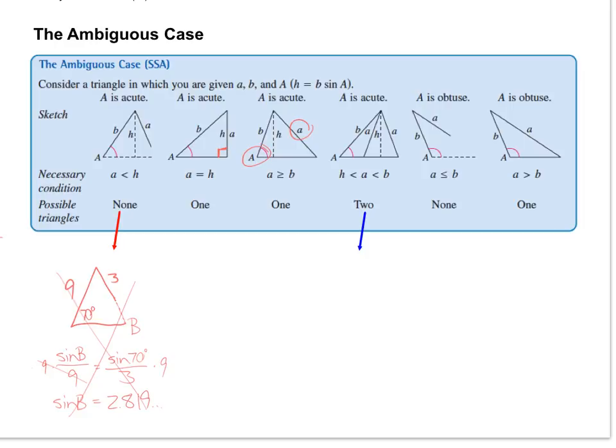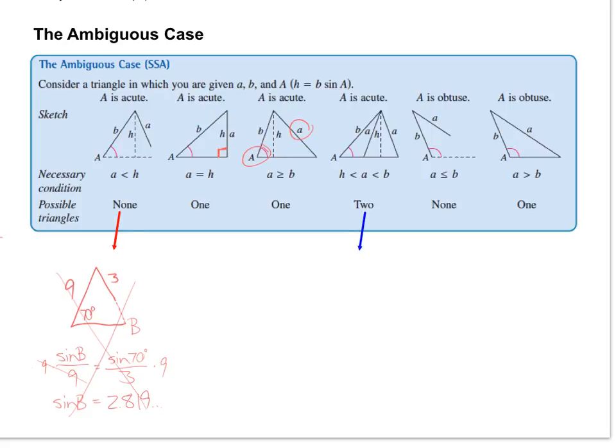Now, we have this case here where there are two possible answers. This can happen because first of all, A has to be acute. If you have an obtuse angle, remember, we know how to deal with that.